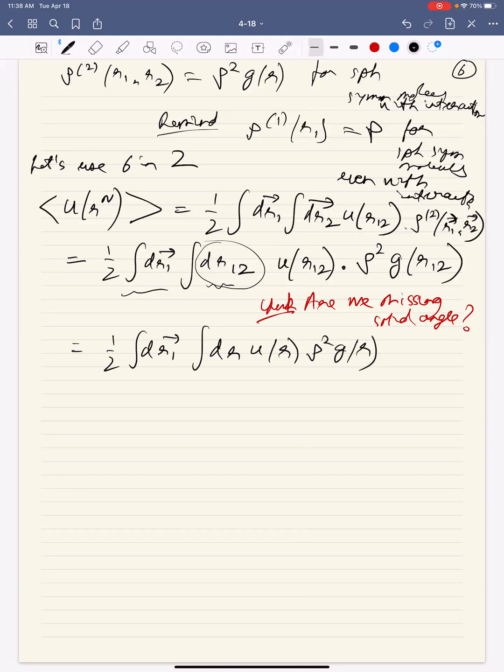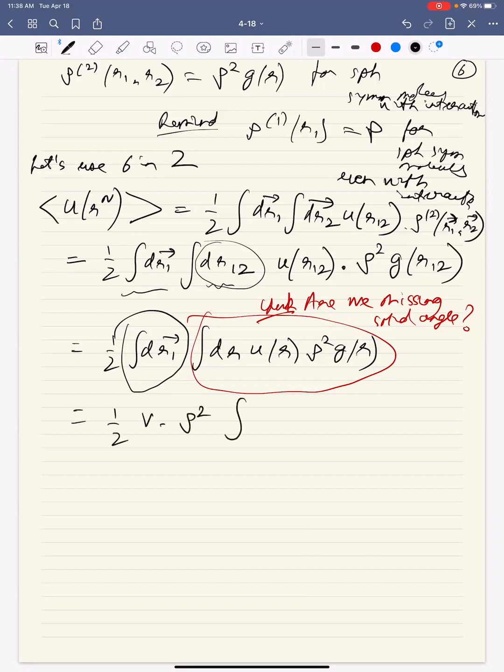Now it turns out that this integral and this integral are just products of each other. There is no R12 in the first one. And what is integral of dr1? It's the volume. So this becomes half volume, rho square comes out, rho square integral dr, u of r, g of r.